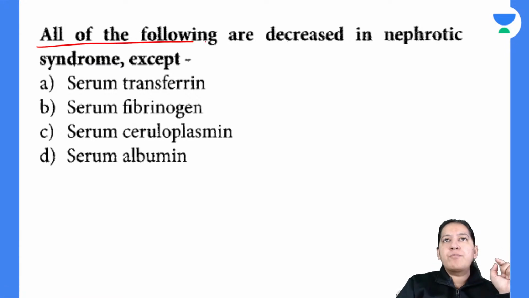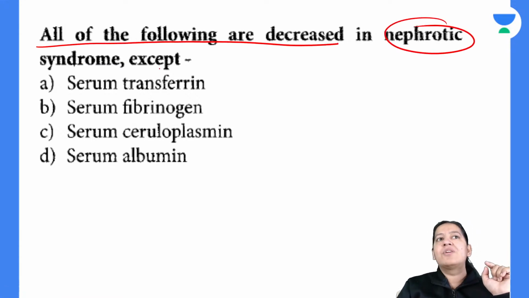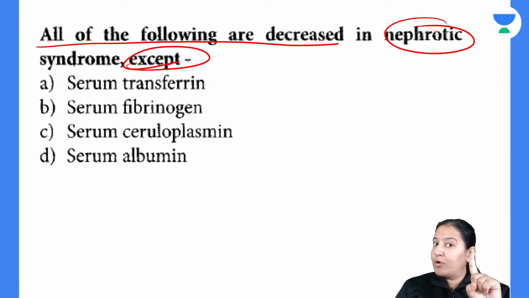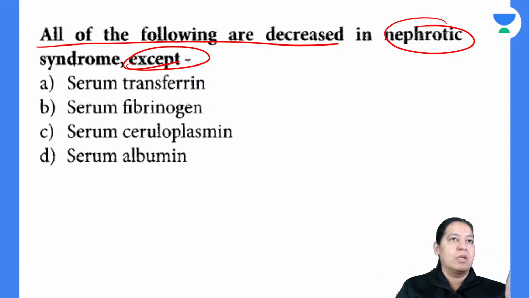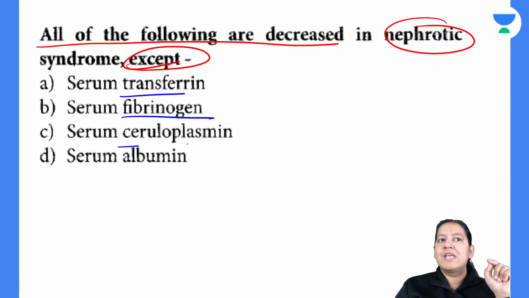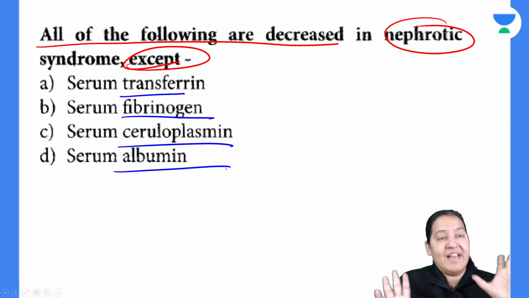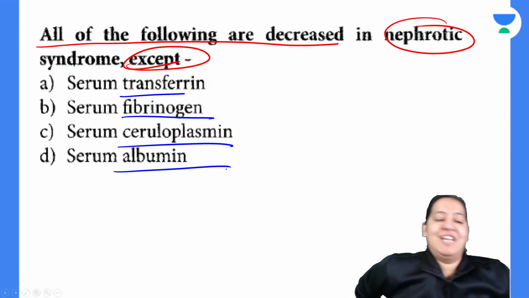All of the following proteins are decreased in nephrotic syndrome except: name one protein which increases. Rest all decrease. Only one protein in blood is increased in nephrotic syndrome because of compensation. Is it transferrin, fibrinogen, ceruloplasmin or albumin? I have told you very clearly. Rishinika, you are absolutely right.